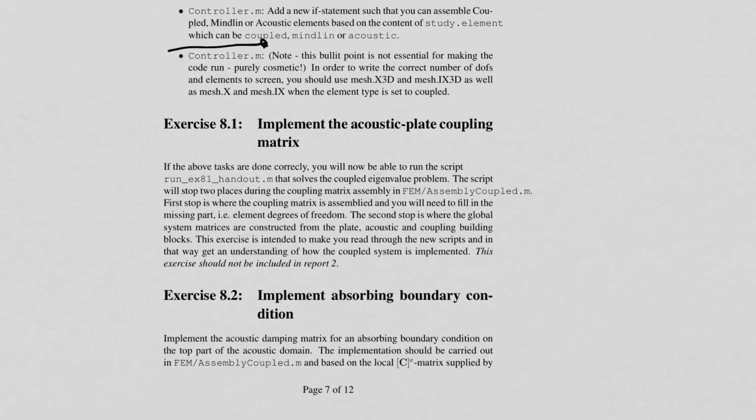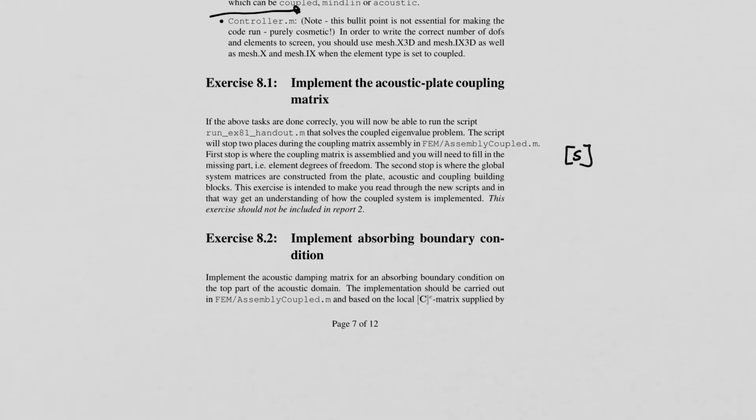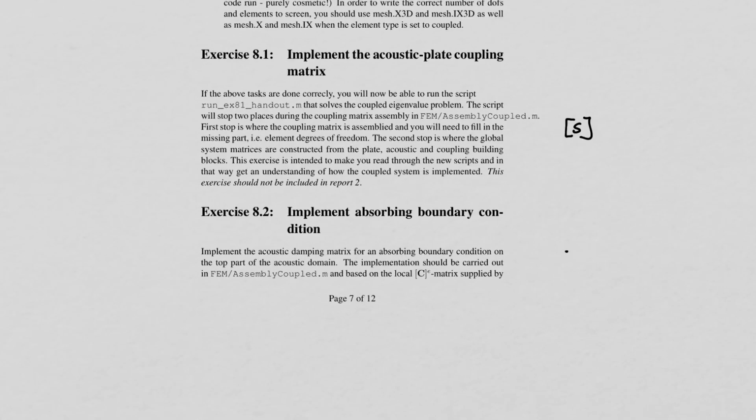As said, the first exercise is an implementation exercise only: implement the coupling matrix, this S matrix. Second part, implement absorbing boundary conditions. That means a C matrix for the acoustic part.